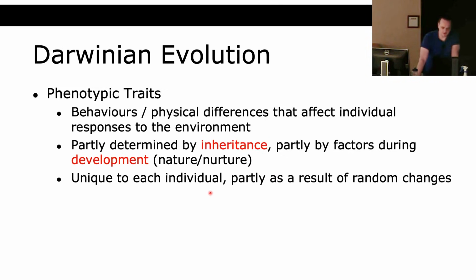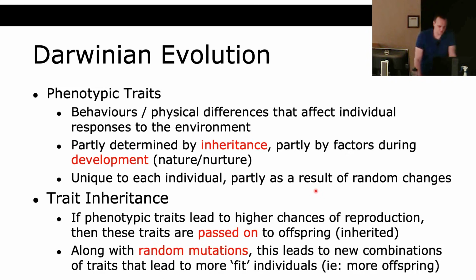And this is unique to every individual, and it is partly as a result of random changes, which we'll talk about later. We'll talk about mutations and how they can affect things. Trait inheritance. If phenotypic traits lead to higher chances of reproduction, then these traits are passed on to offspring, right? So if you have two really tall people who have reproduced, there's a very high chance that their offspring are also tall, right?